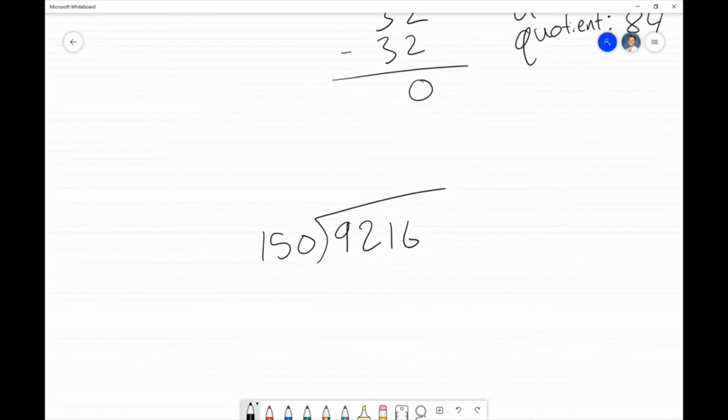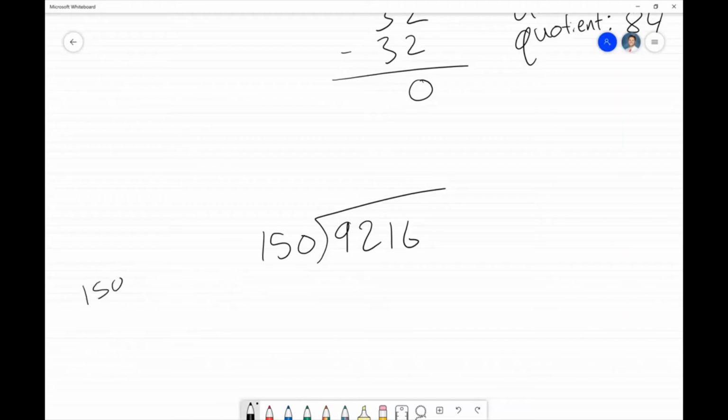If I were to round 150 up to 200, I know that 200 goes into 921 close to 1,000. I know that 200 times 5 equals 1,000. So that's my starting point to check how many times 150 goes into 921.